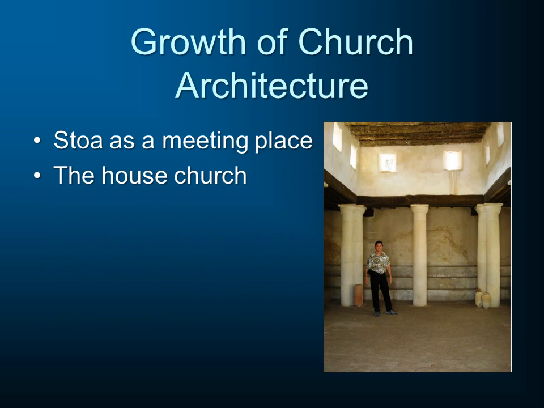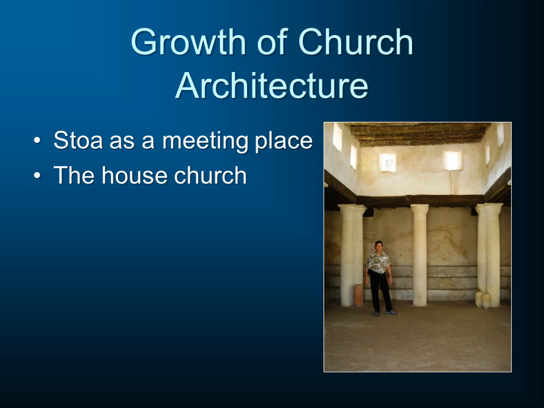As the church left Jerusalem and began to go to other places, you find the church meeting in homes, but eventually, by the second century, we begin seeing homes sometimes converted into churches themselves. What you're looking at here is a mock-up of a Jewish synagogue, but the churches would very often follow the same rough pattern.